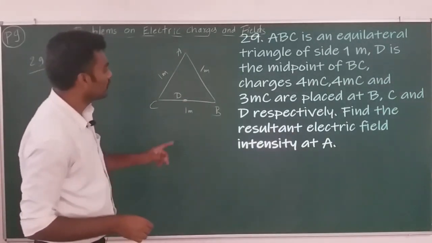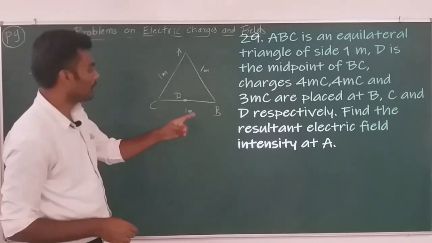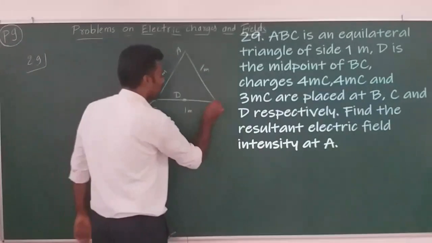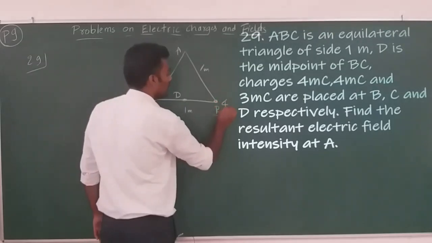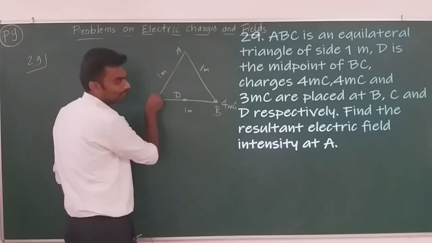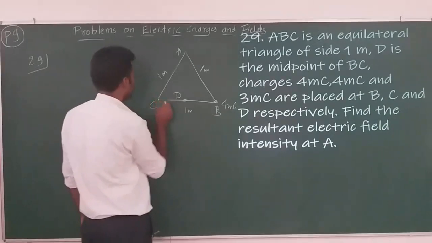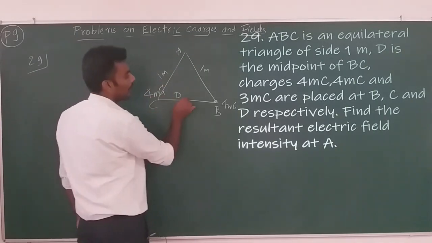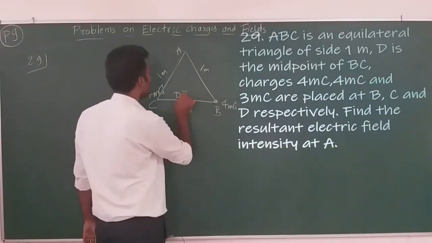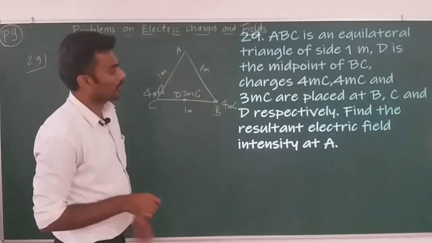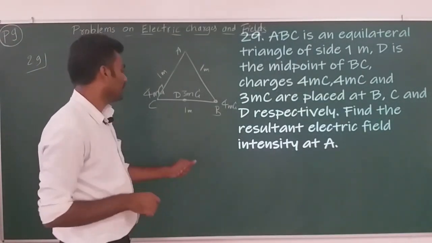Charges 4 millicoulomb, 4 millicoulomb and 3 millicoulomb are placed at B, C and D respectively. So at point B we have 4 millicoulomb and at point C we also have the same charge 4 millicoulomb and at D we have 3 millicoulomb. Find the resultant electric field intensity at A.